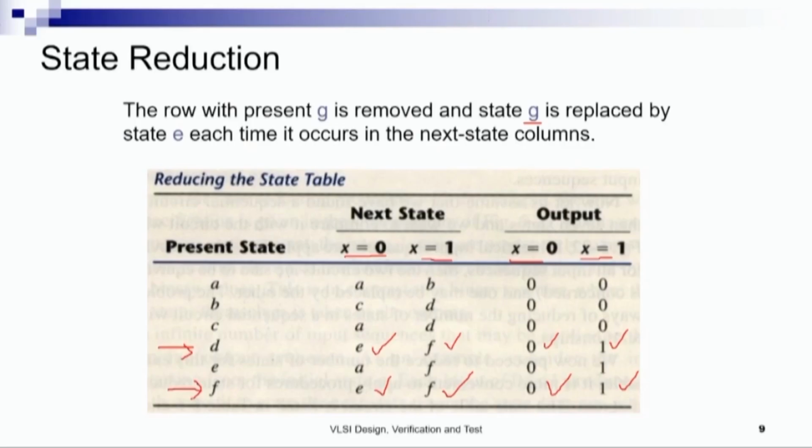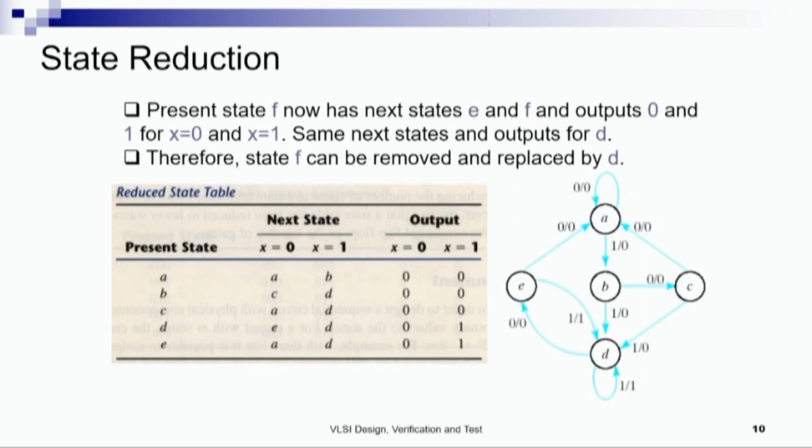Here we have decided to remove F. So if we remove F, then all the places in the next state columns where F is currently there have to be changed with D. So likewise we see that here we have D and here again we have D. So therefore state F can be removed and replaced by D.